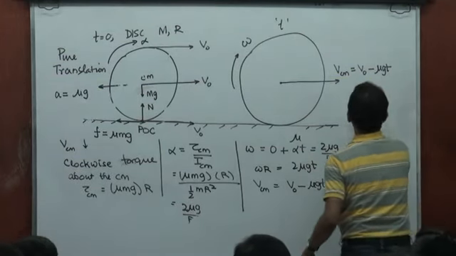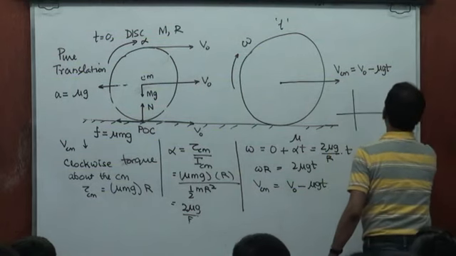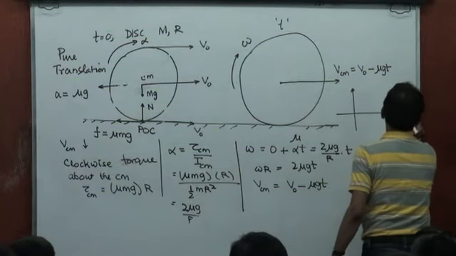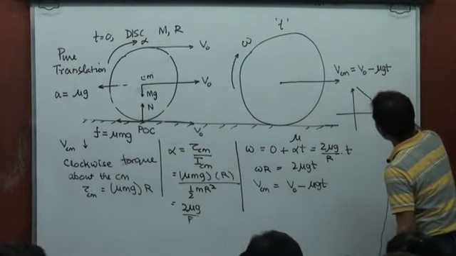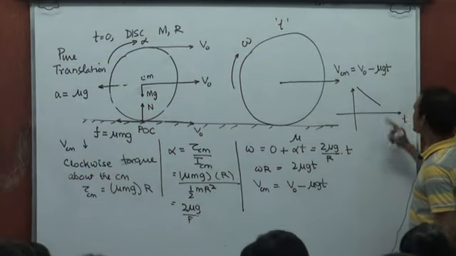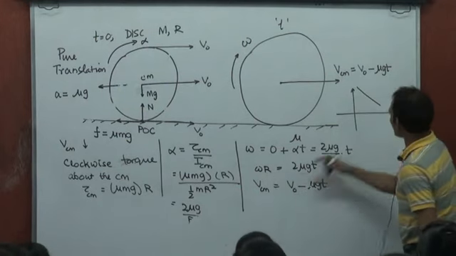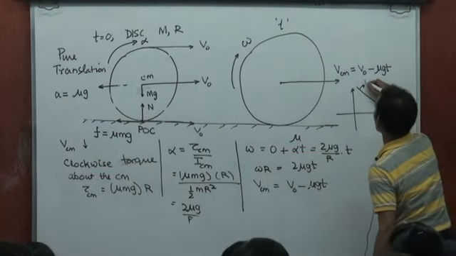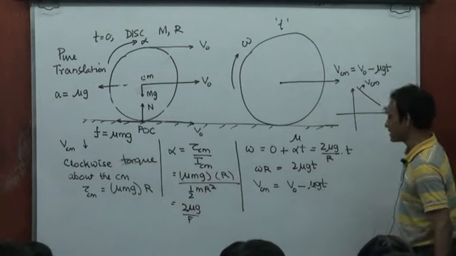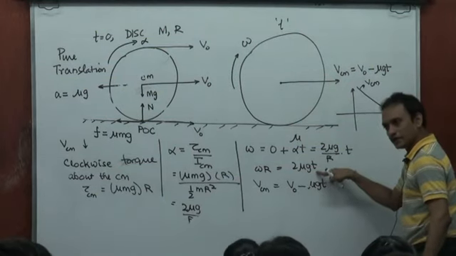Essentially then, realize that VCM decreases with time like this. It starts with a v naught and gradually decreases. This is VCM, how VCM is changing with time, linearly decreasing. Omega r is linearly increasing.